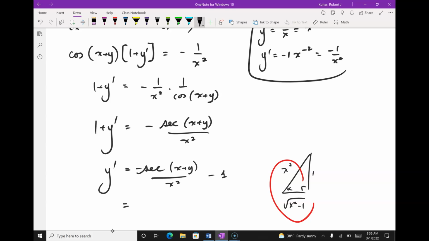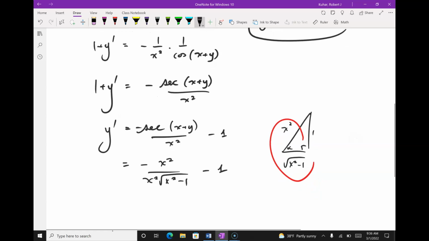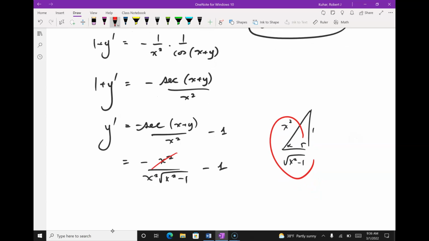So I get negative x squared over x squared times the square root of x squared minus 1, minus 1. And so my x squareds will cancel there. And I've got negative 1 over square root of x squared minus 1, minus 1.